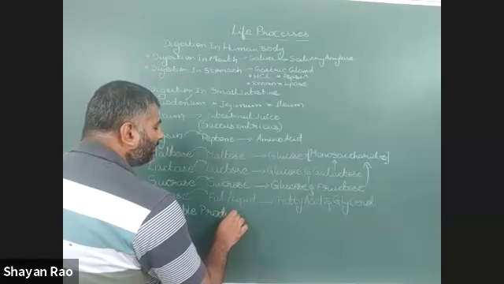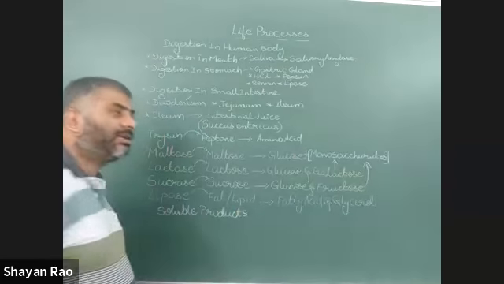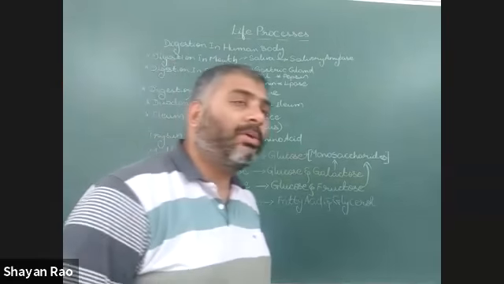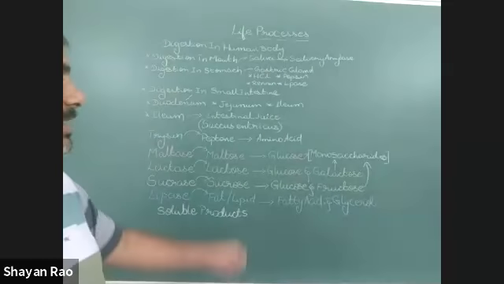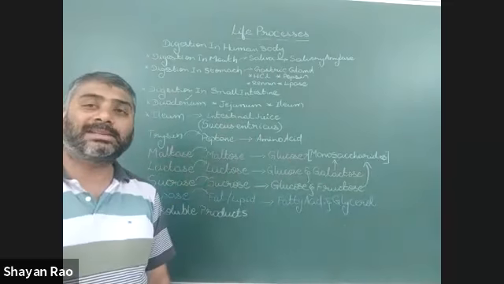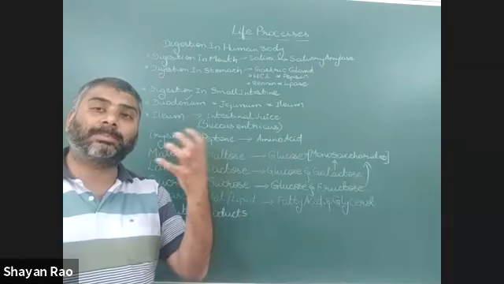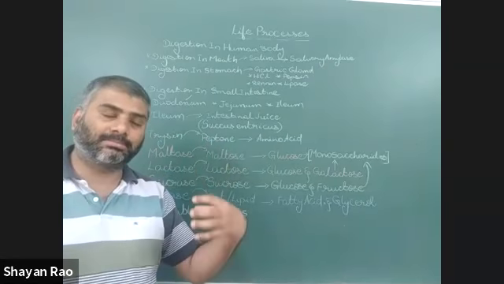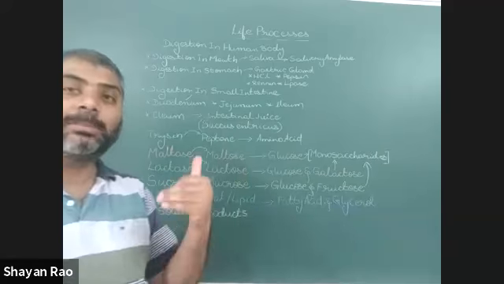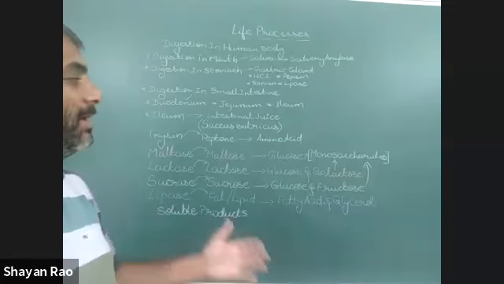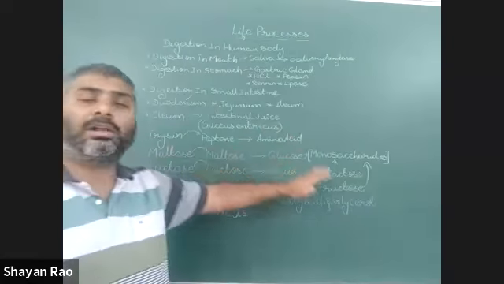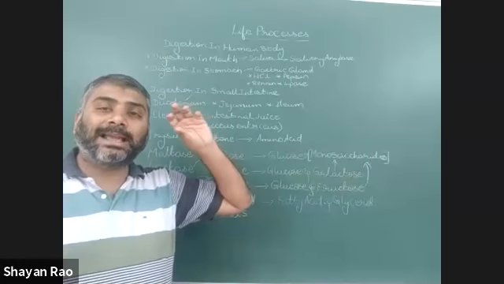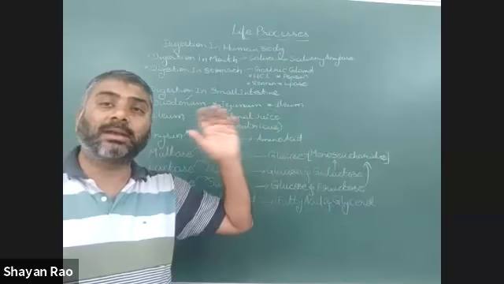So where is it actually getting converted to soluble products? Basically, all these food molecules need to be absorbed into the blood. The blood has to take up the responsibility of transporting all these substances to the exact locations, that is, the cells.